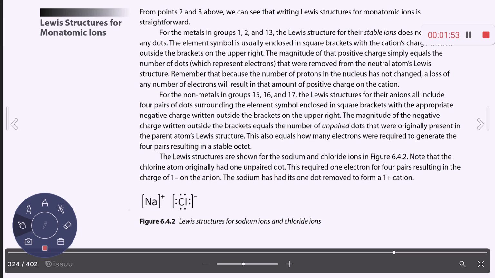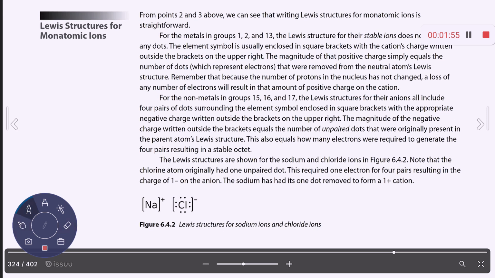ions. If we're looking at sodium chloride, which is NaCl, sodium is my metal, chlorine is my nonmetal. In a previous section, we looked at sodium giving its one valence electron over to chlorine during ionic bond formation.